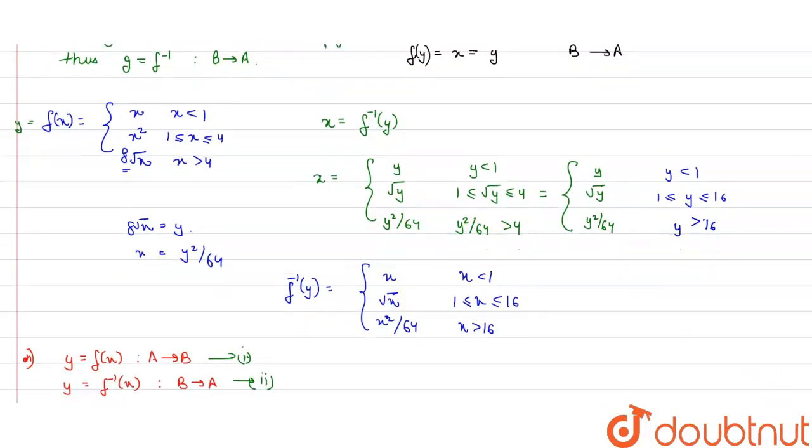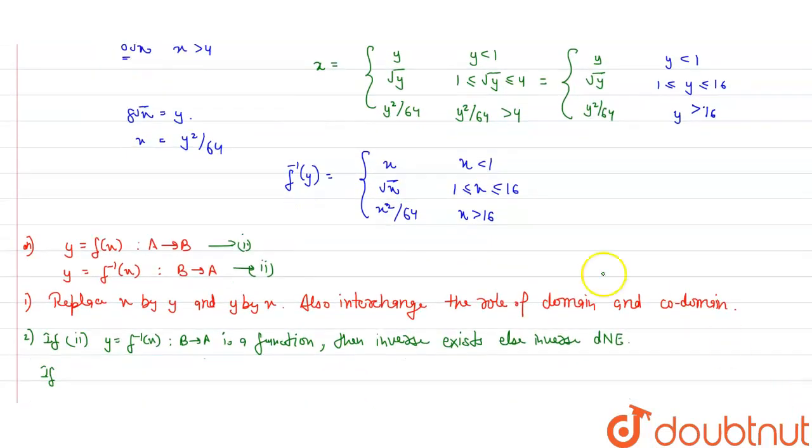That is when the inverse is a function, so it is possible. If it is possible, express y as a function of x. This is the third step which we have to follow in our inverse function.